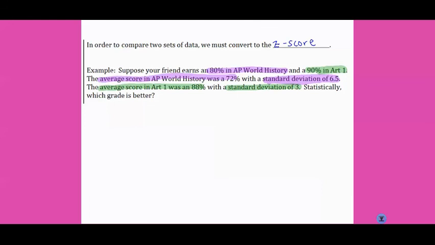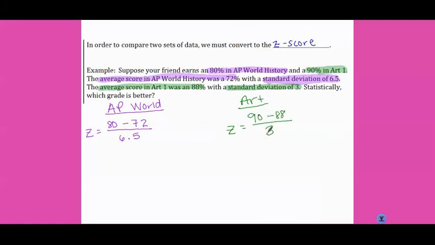So since there's two classes, I'm going to do two different z-scores. So for AP World, I'm going to take my friend's score minus the class average over the standard deviation. And then for art, same idea. My friend's score minus the class average over the standard deviation.